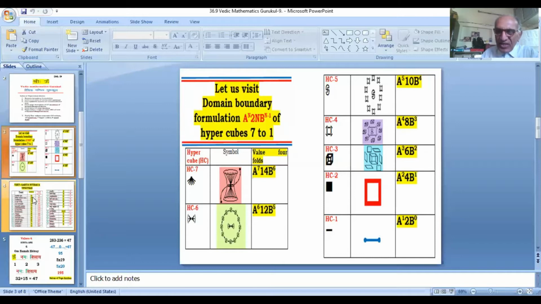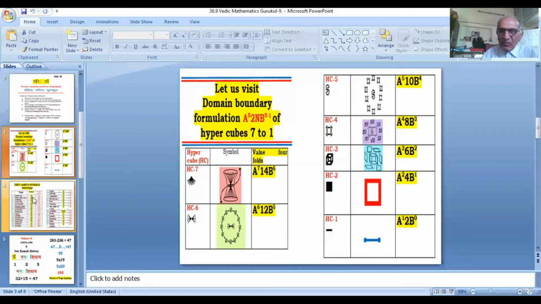It is the second degree which is representative of the domain here in the context of hypercube 2, a two-space content manifesting within creators of space as a two-space domain enveloped within a linear boundary of four components. A raised to power 2 is to 4b raised to power 1 is the expression. It is a formulation. It is the domain boundary formulation.